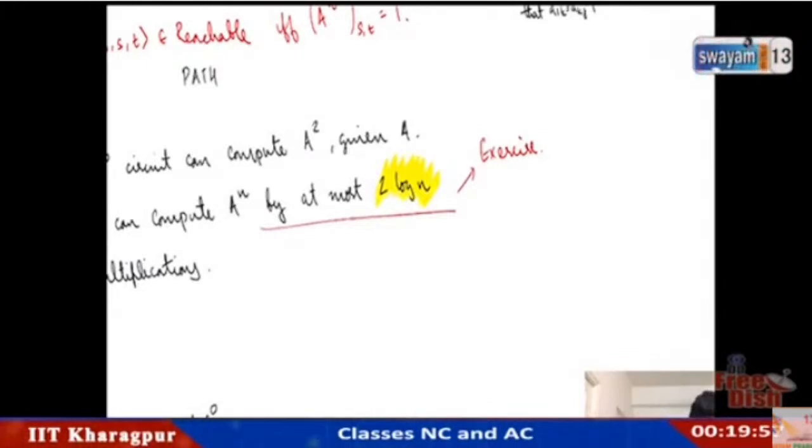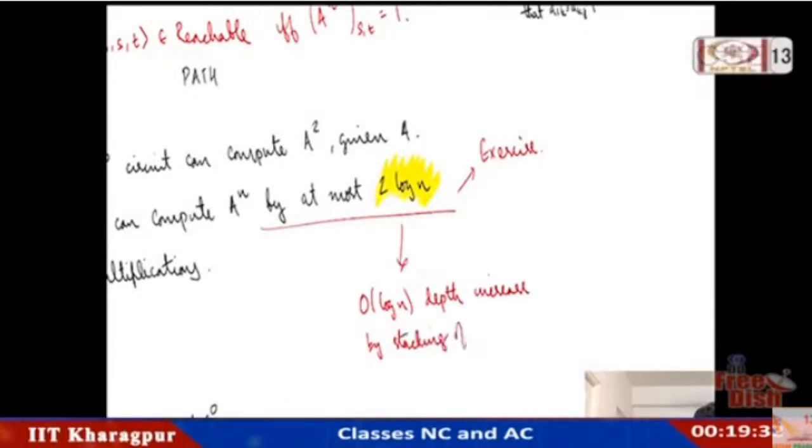So an AC0 circuit multiplied by 2 log n means the depth can become order log n from constant. So this could result in an order log n depth increase by stacking of AC0 circuits.